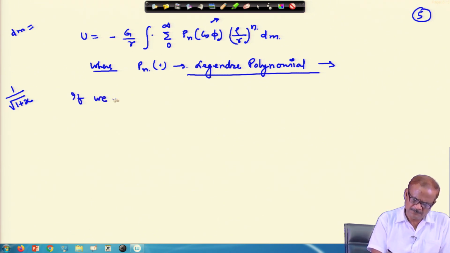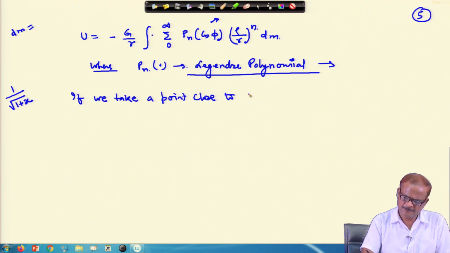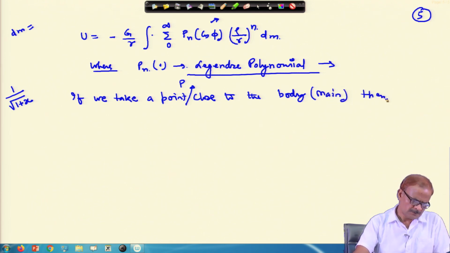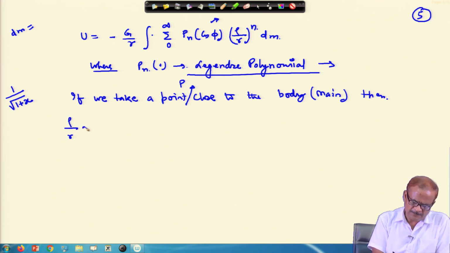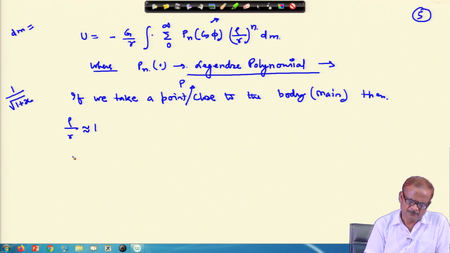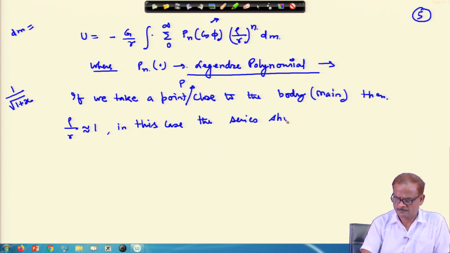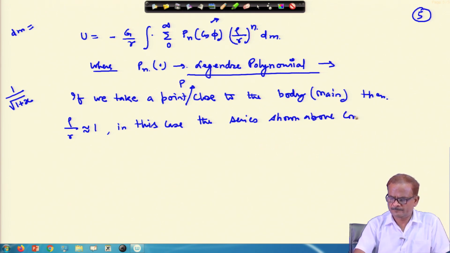So, if we take a point P close to the body, or the main body, then rho by r will be around 1, and in this case the series shown converges very slowly.